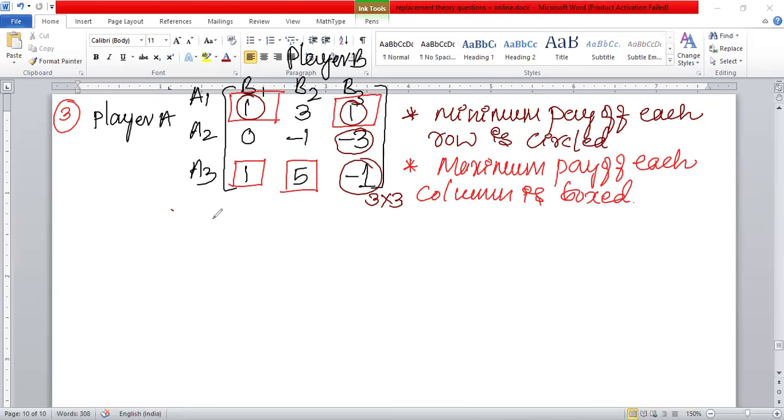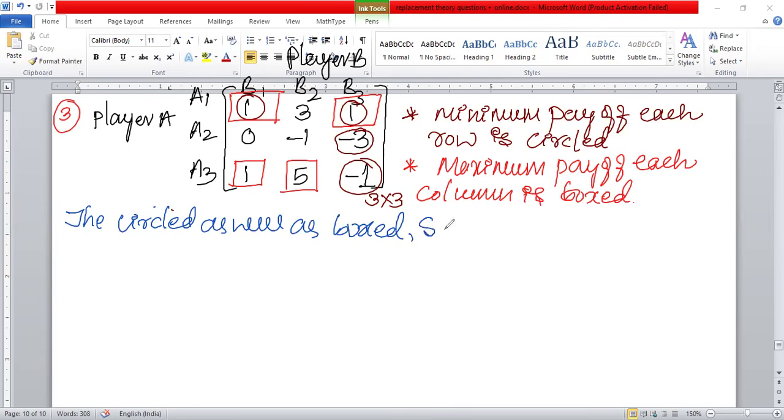Don't worry, we are able to write it. The circle as well as boxed, the saddle point is 1.